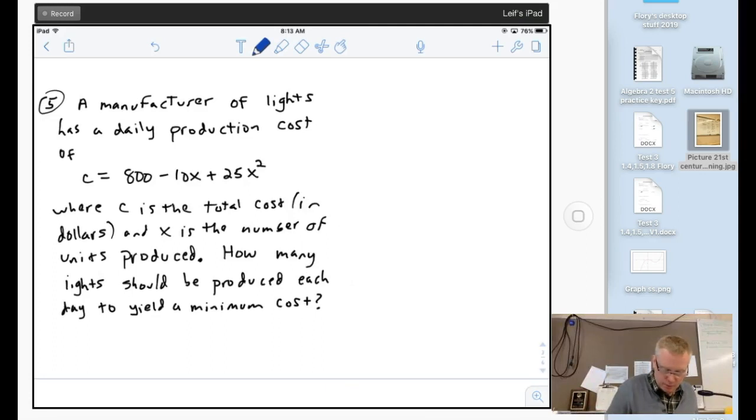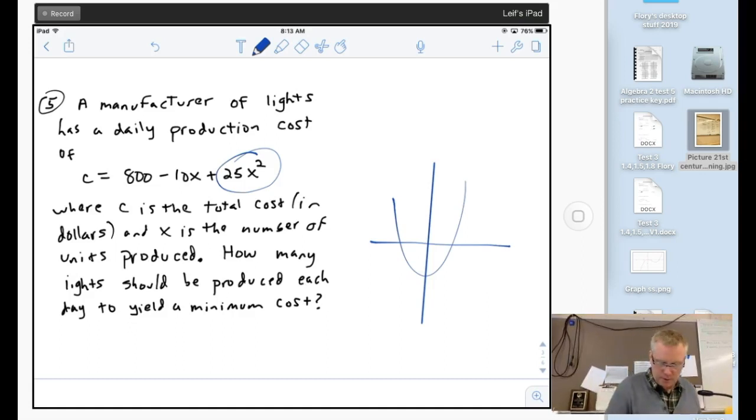If I was to do a quick graph, I know this is going to open up because this is the biggest number and the degree of the polynomial, so it's going to open up. I don't know where it's going to hit, and I don't even have to put the crossbars in there. I know it's going to just open up.